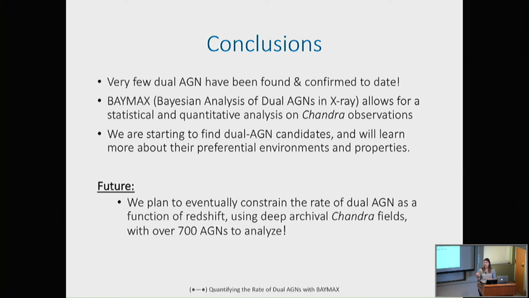Like you mentioned, the spatial resolution is such that below a kiloparsec, you lose all information. That might be one of the reasons for that large offset between the simulations and the observational constraint. But once we start using Baymax on the higher redshift sources, we are also going to be sensitive to kiloparsec separations. So in that sense, comparing the two will be pretty consistent.